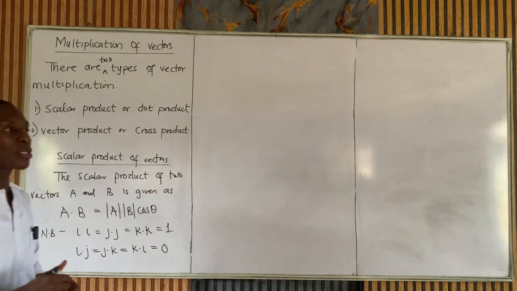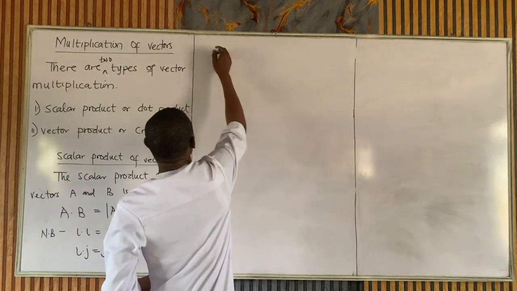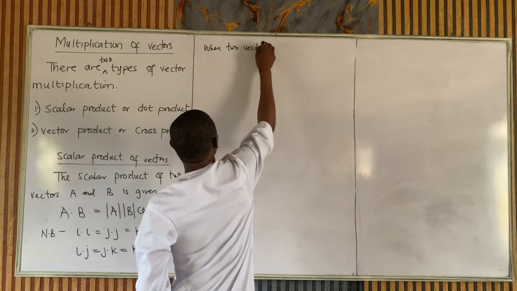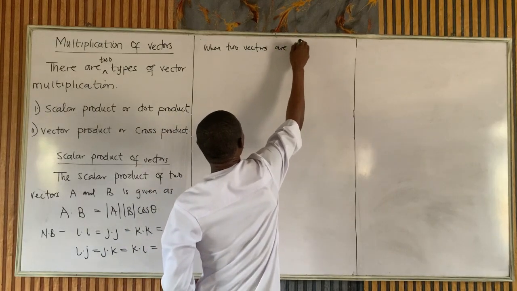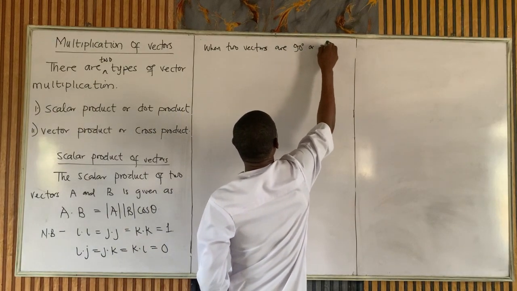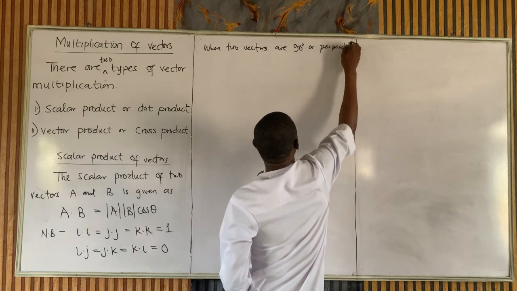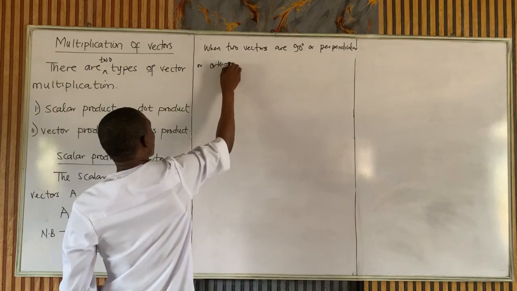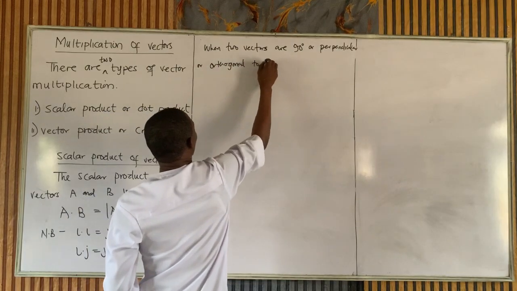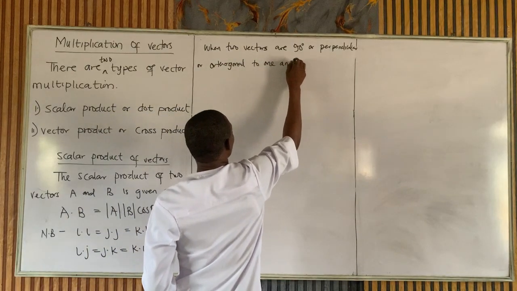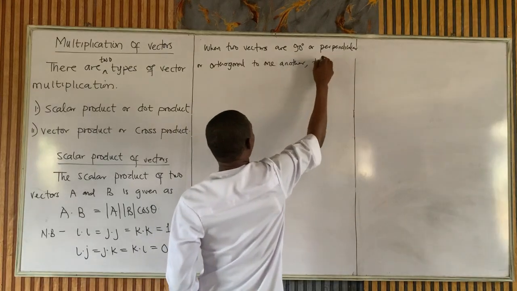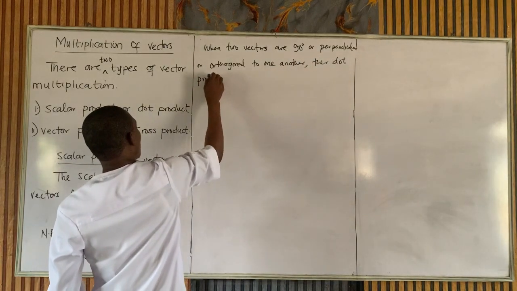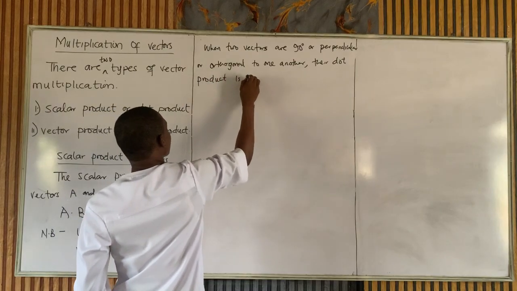But another thing I want to take note of also is that when two vectors are 90 degrees or perpendicular or orthogonal to one another, their dot product is 0.